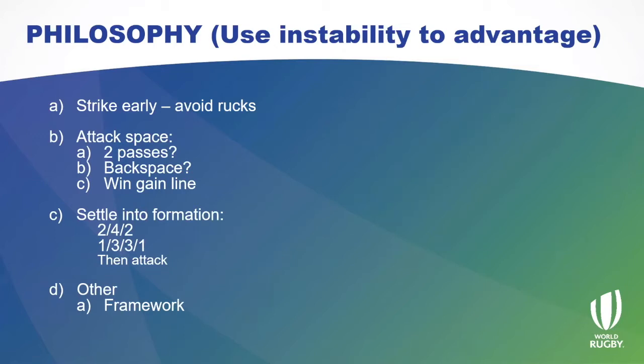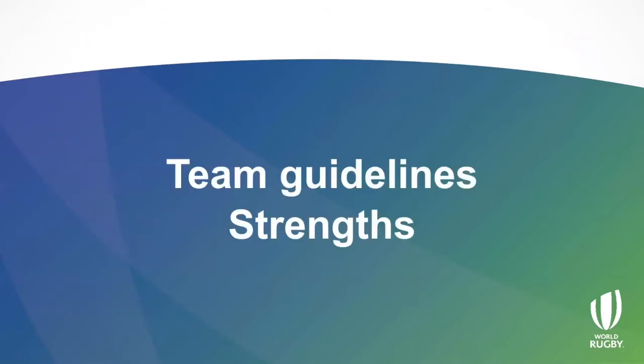But the most important thing is to have some guidelines for your players to attack from. Don't just say attack, attack. You've got to give them some guidelines on how they should attack. And again, it's got to suit the strengths of your team. So when you're working out your philosophy of how you want to attack, have a look at the strengths of your team.